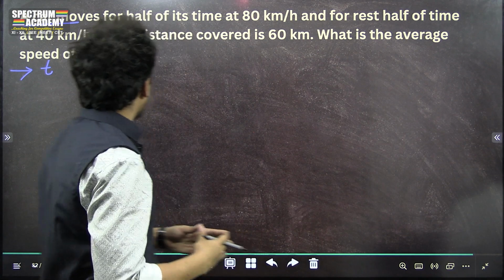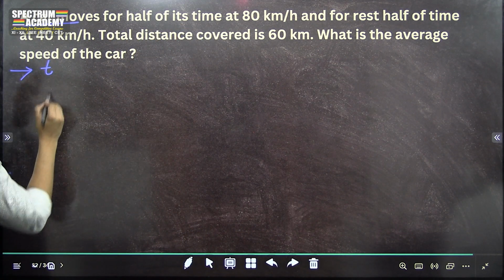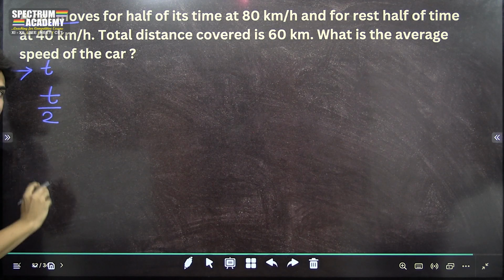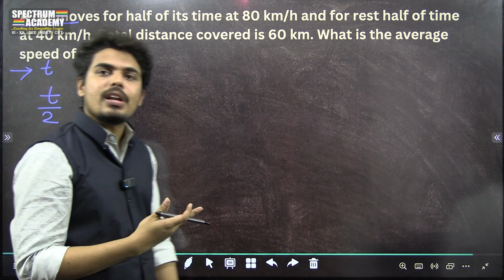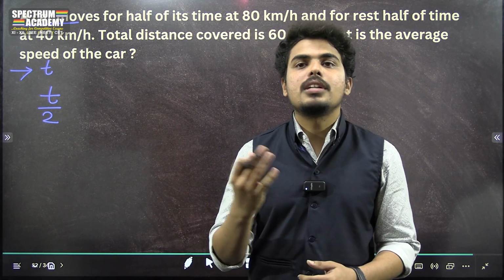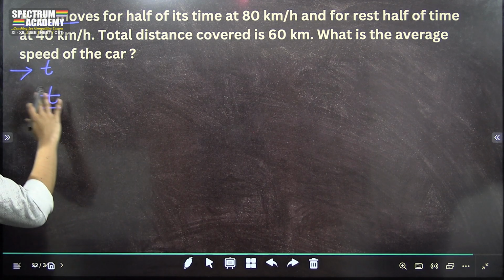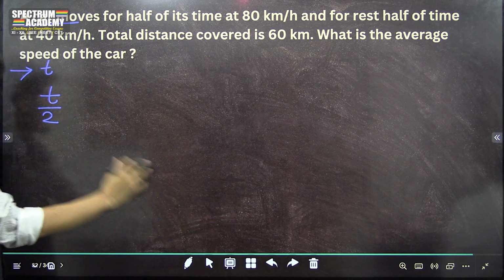Now we have given that a car moves for half of its time, यानी t by 2 इतने टाइम में, अगर टाइम मुझे 1 आवर लग रहा है तो in half of its time यानी in 30 minutes. So अगर मैं टाइम t कंसीडर कर रहा हूं it is the time required for entire motion of the car.